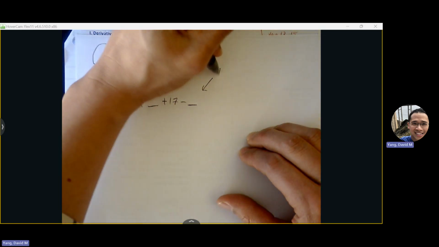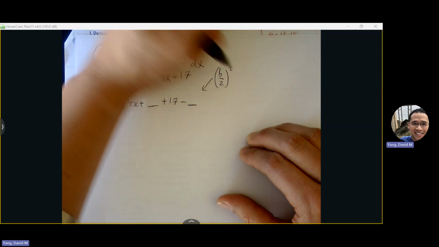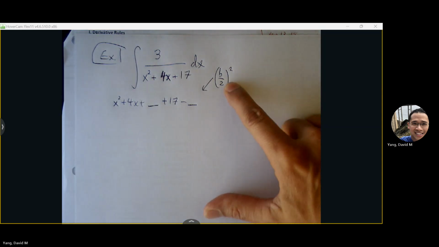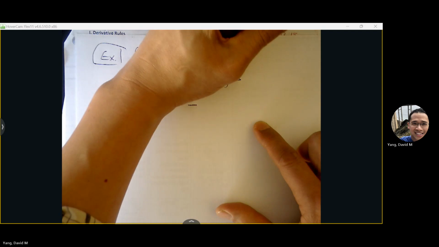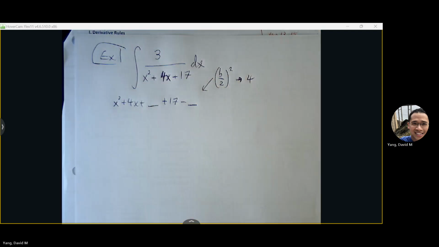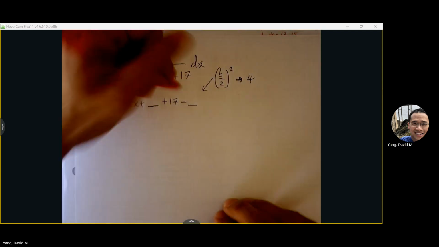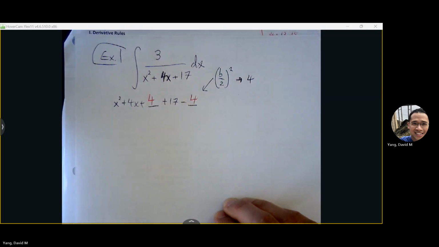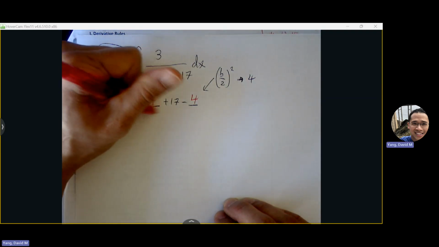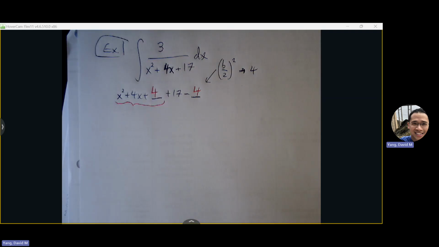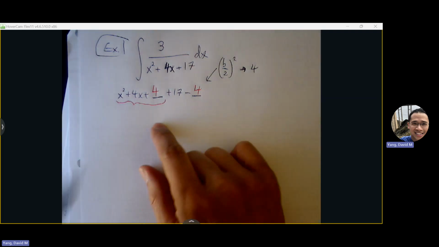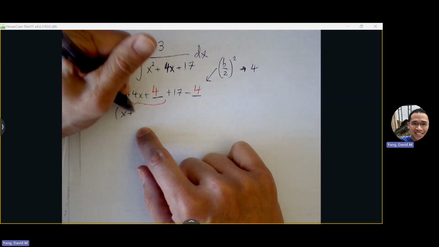The formula that fills in that space is b over 2 squared. My b is 4, 4 over 2 is 2, 2 squared is 4. The whole point is this should turn into something that is usable for our u value, but we can factor that: multiplies to 4, adds up to 4, 2 and 2.